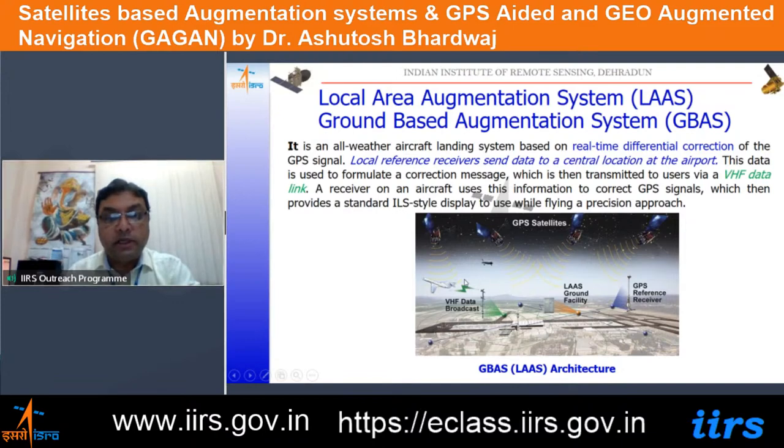In case of the GBAS system, the VHF antenna is used and it directly transmits the correction parameters to the aircraft. So again here also the aircraft directly get the highly accurate coordinates while landing or takeoff. En route, when the aircraft are there, the accuracies deteriorate a bit, as I already told, because of various reasons, as we discussed in the previous lecture also.